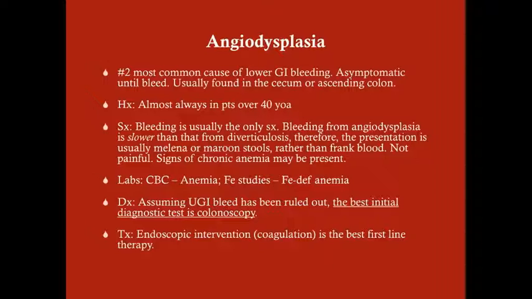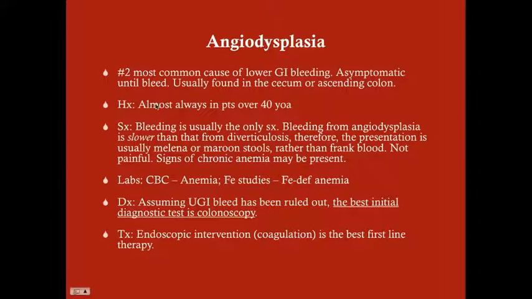It might present as melena. So this will be melena or maroon stools. The thing with angiodysplasia is because it comes from the cecum and the ascending colon, it's going to spend some time in the intestine. So it's going to present quite differently from diverticular bleeding.